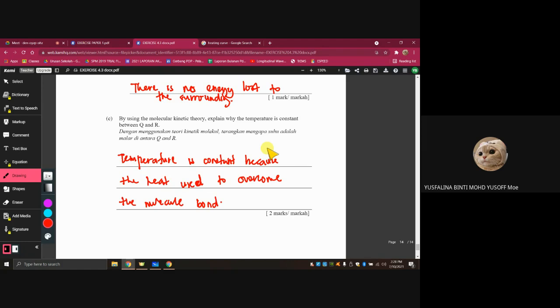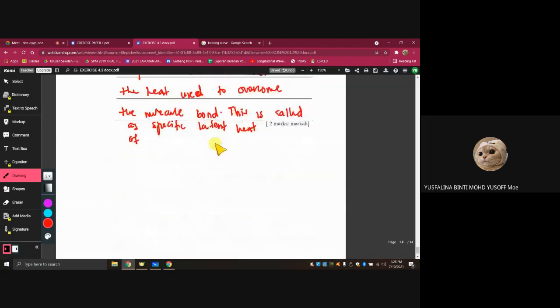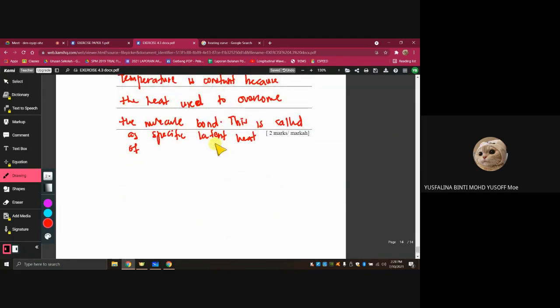And then another one mark you can say here, this is called specific latent heat of... Q and R is actually from solid to liquid, right? So specific latent heat of fusion. And you can put a bracket here, solid change to liquid.